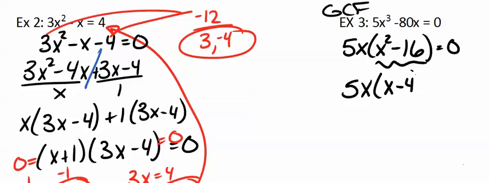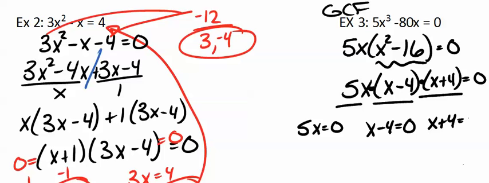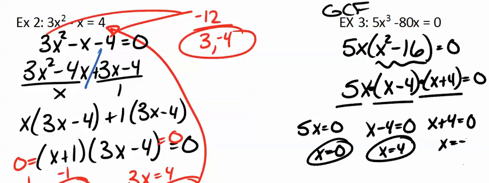So x minus 4, x plus 4. And in this case, there are actually 3 parts to this, because it's all multiplication in here, and each one could be set equal to 0. So I set each part equal to 0, and I solve. X could equal 0, x could equal 4, or x could equal negative 4.